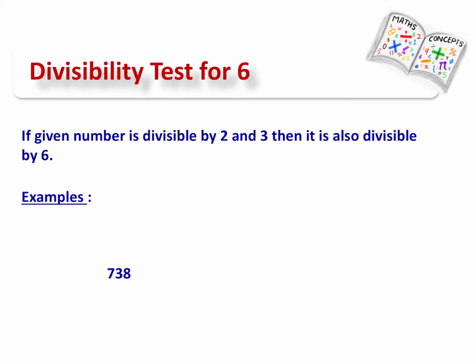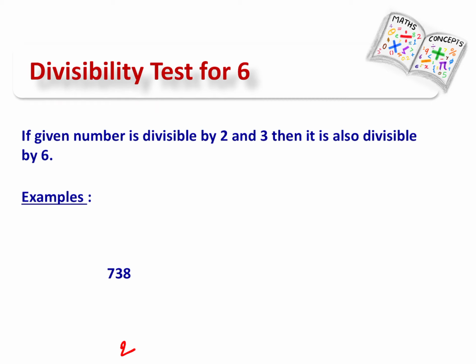So the example is 738. Here we can say that this number is definitely divisible by 2 because it is an even number. So numbers ending with 0, 2, 4, 6 or 8 are all divisible by 2. Let's check whether it is divisible by 3 or not. Our divisibility test for 3 says the addition of all digits should be a multiple of 3.